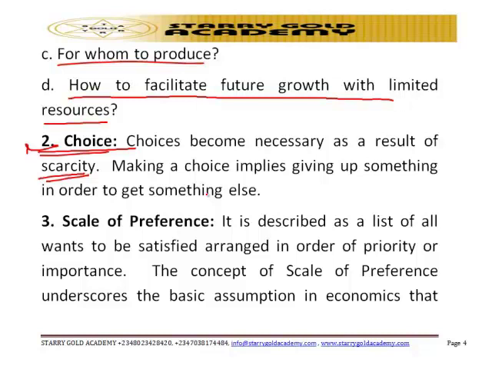Having explained that, irrespective of the level, choices are being made in individual households, in firms and organizations, and also in the government. So having explained what choice is, we now consider the scale of preference.